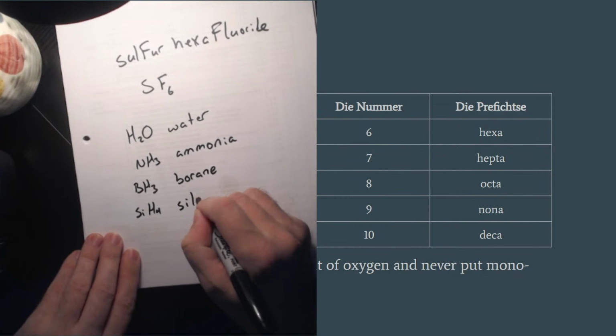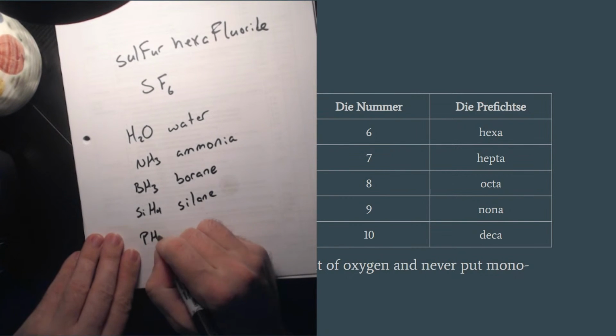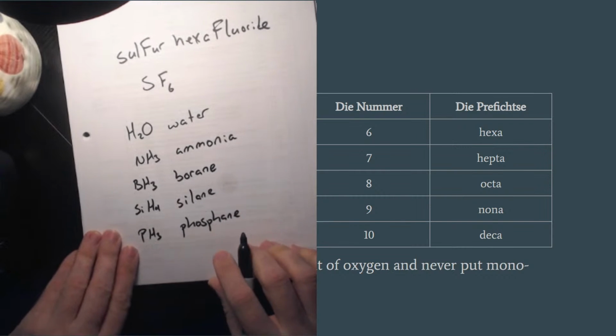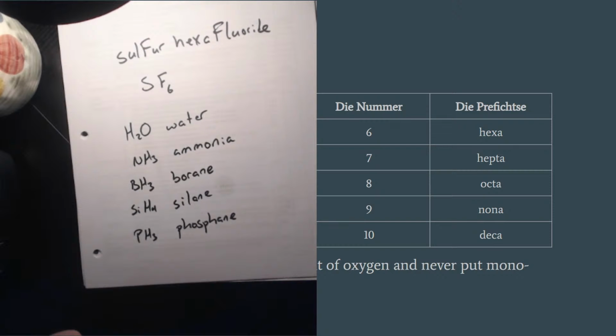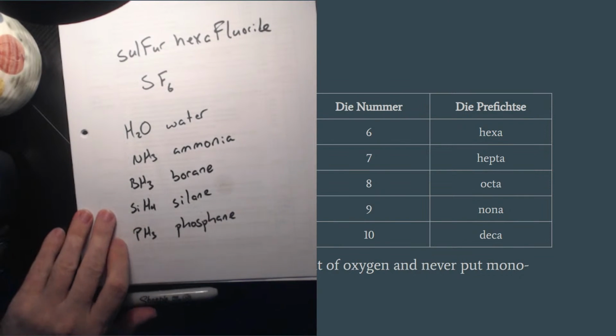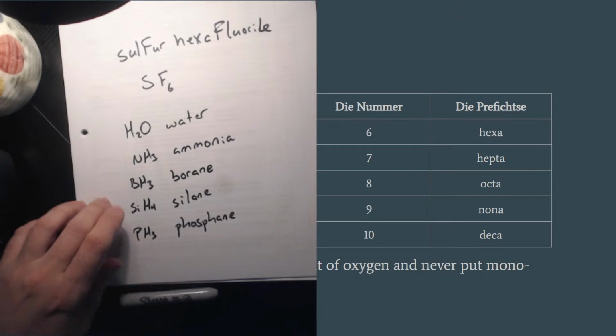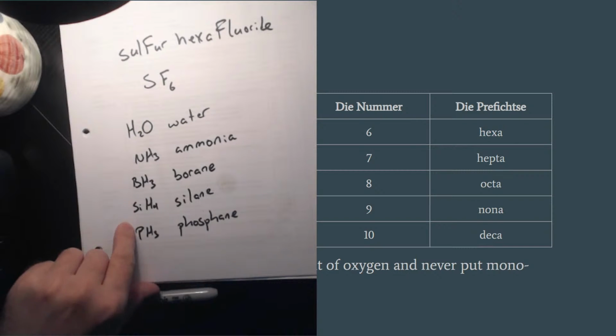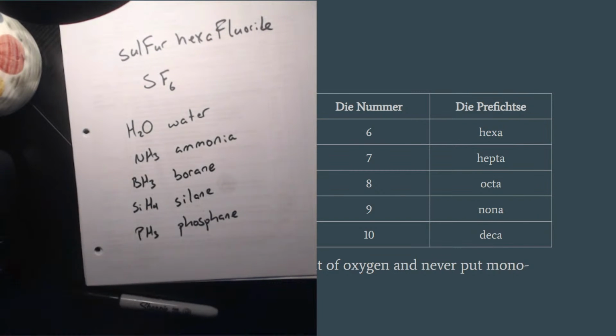SiH4 is silane. PH3 is phosphane. You may be noticing a trend. So I kind of doubt they'll throw many of these at you on the test. They could, especially water and ammonia, but these others probably not. Just be aware that they tend to have their own kind of thing.